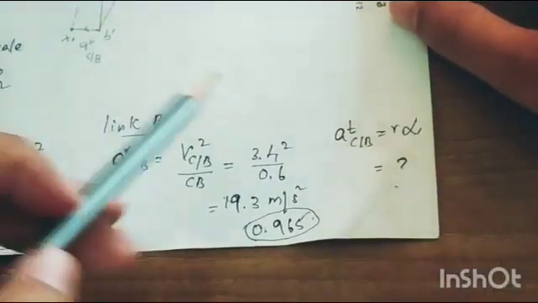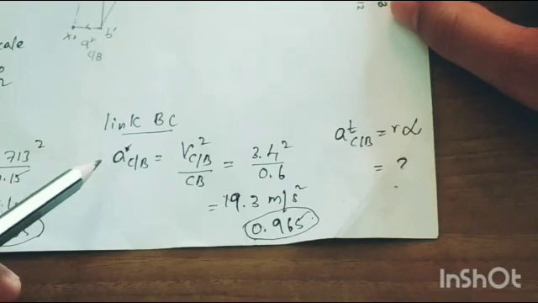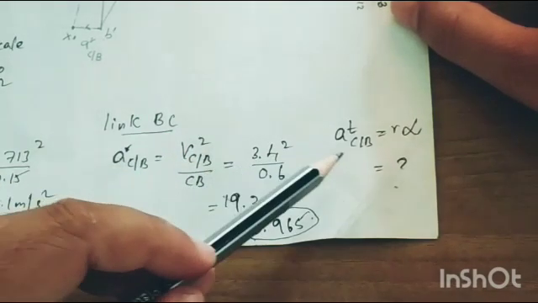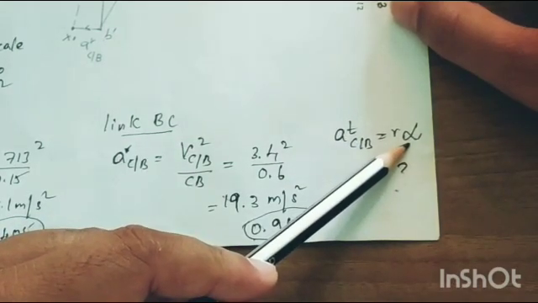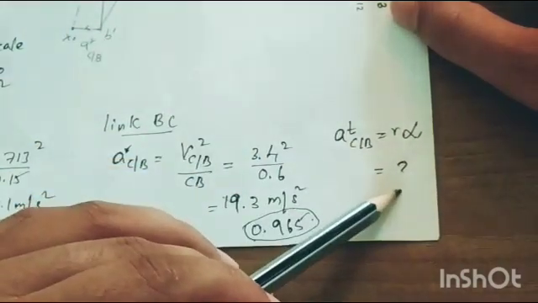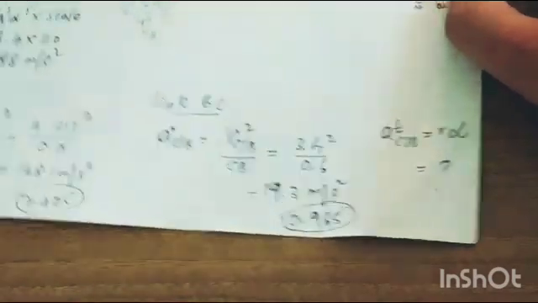But you can have a tangential component for the connecting rod, since the connecting rod does not have complete 360 degree rotation. In order to find that you require angular acceleration, which is not given. So for time being we'll just put X with a question mark over there, and proceed with our drawing.